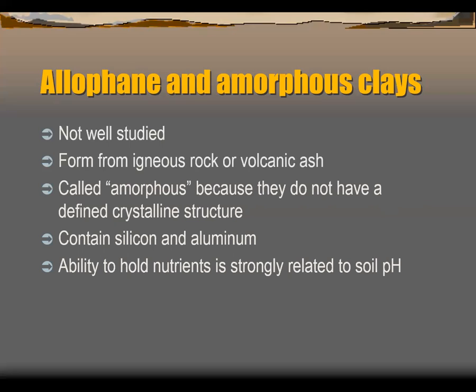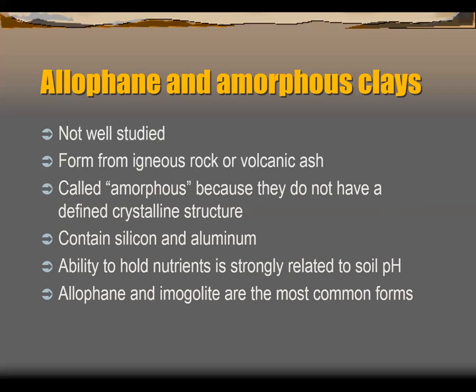Rather, they have what's called a pH-dependent charge. And so their ability to hold nutrients is going to vary with the pH of the soil. And I already mentioned allophane is probably the most widely known form of this. There are other different names for them. You could probably go out and do a search on those if you wanted to.